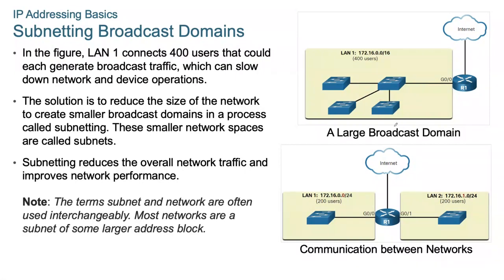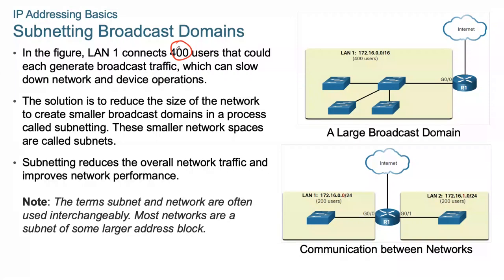So the solution is to reduce the size of your network of 400 users into smaller ones. Instead of all 400 in the same network, you can divide the devices into, suppose, 4 private networks. Every private network may have, suppose, 100 devices.